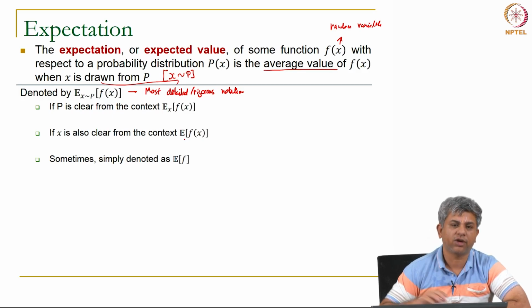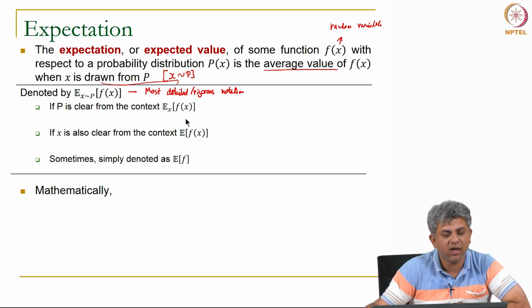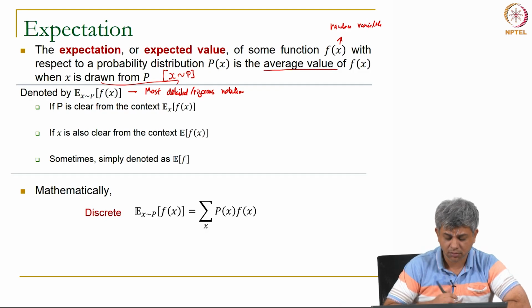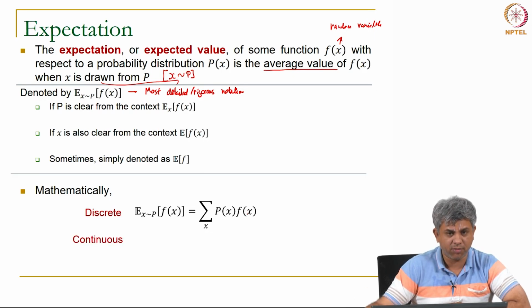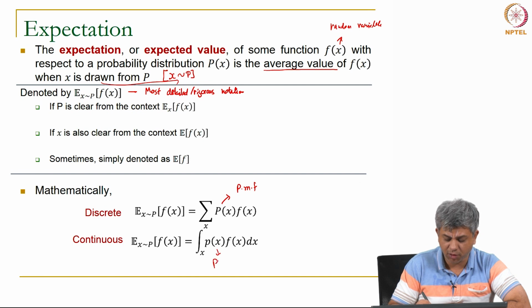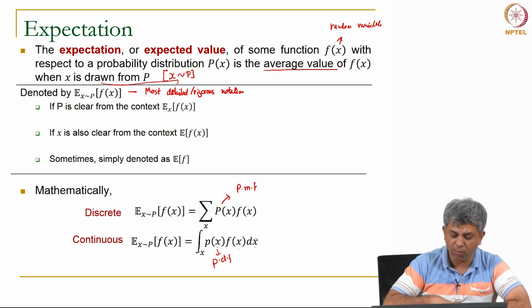All these notations are used as far as expectation is concerned. Mathematically, how do we calculate expectation? For a discrete variable, it is simply the summation of p of x times f of x. If it is a continuous variable, remember this is a probability mass function, in this case it is a probability density function, which is why you have to multiply by dx in order to get the probability. So, it is the integral of p of x dx times f of x, integrated over all possible values.